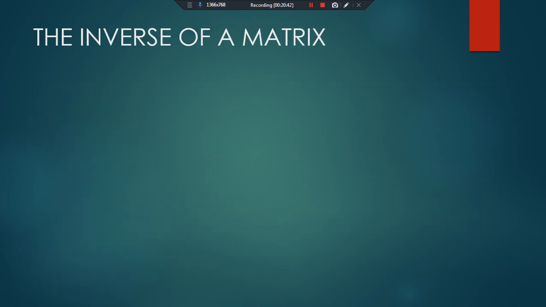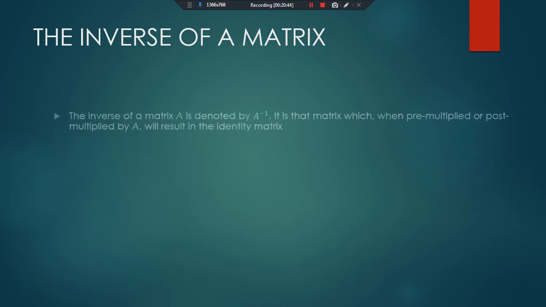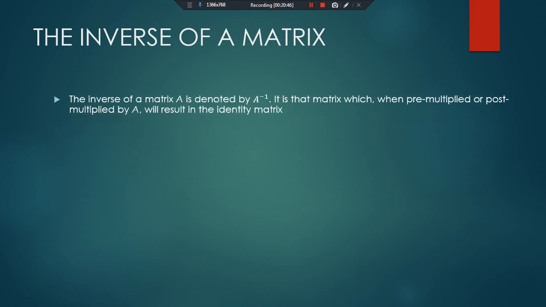The inverse of a matrix. The inverse of a matrix is denoted by A inverse. You can say A power minus 1, so we interpret it as A inverse. It is that matrix which, when pre-multiplied or post-multiplied by A, will result in the identity matrix.